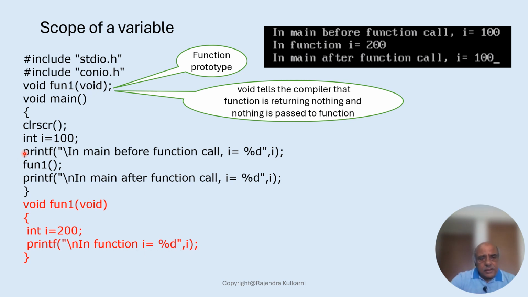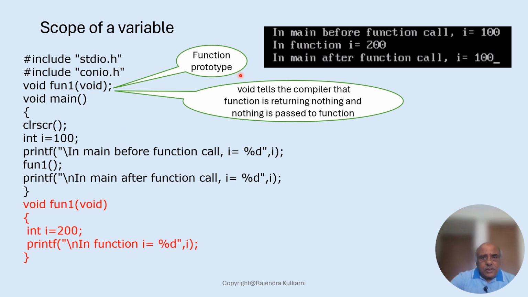After going back, another printf statement in main after function call again displays the value of i. What we see here is the value of i in main before function call is 100. In function call we have assigned i the value of 200.